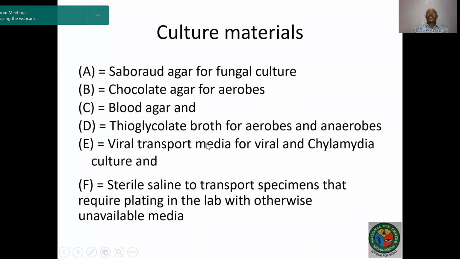We also do not generally have materials for culture of viral organisms and chlamydia, but in laboratories that are well equipped for such, then materials are also taken for it. We also take materials for any other form of culture that may not be readily available.